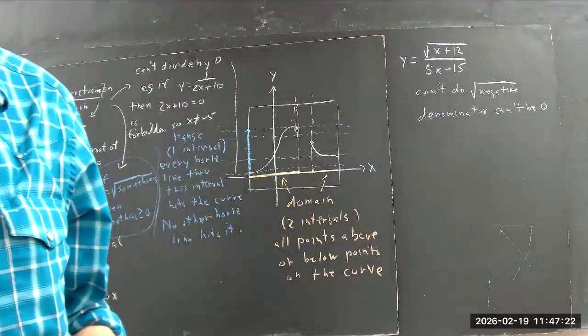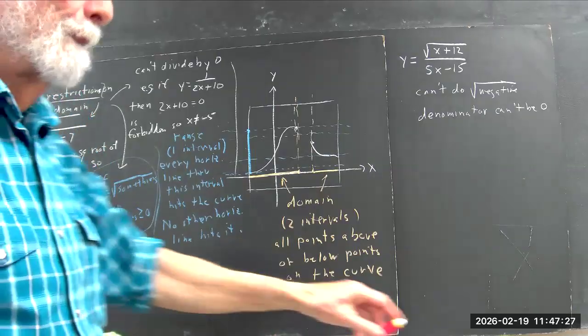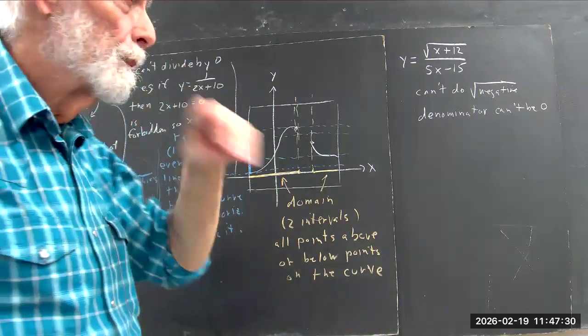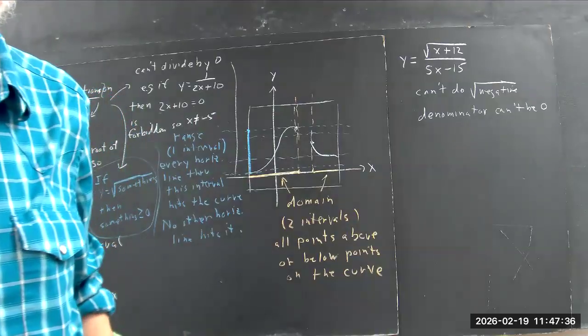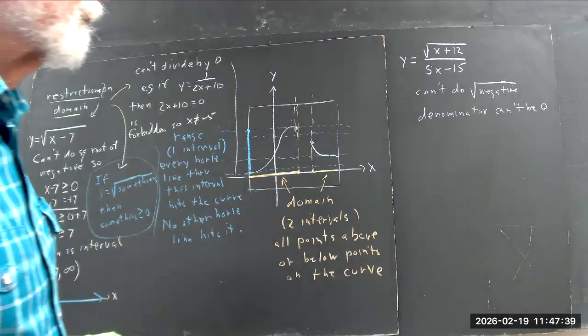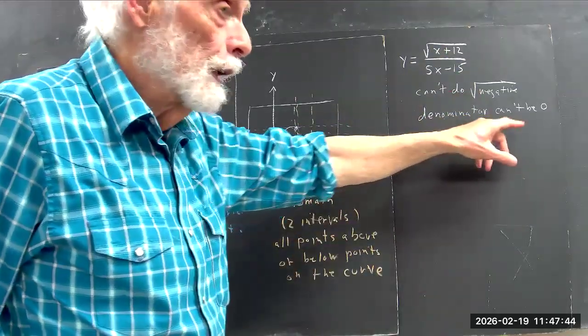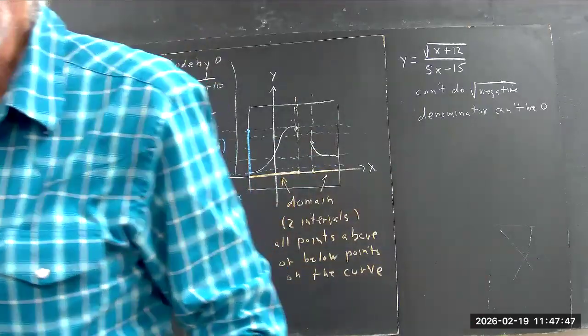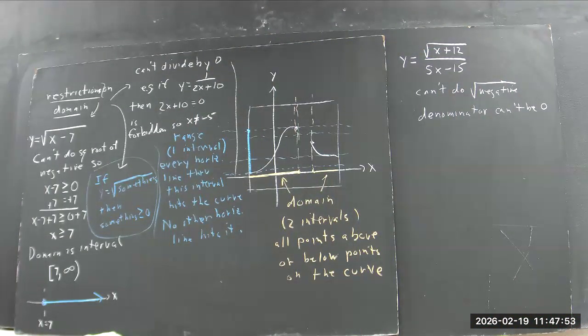Denominator can't be 0. So if you could write this down and then tell me what you're going to have to do, okay? If you can't do the square root of a negative, what can you conclude? If the denominator can't be 0, what can you say? And if you understand this, then you understand at least 80% of what you need to know for the homework.